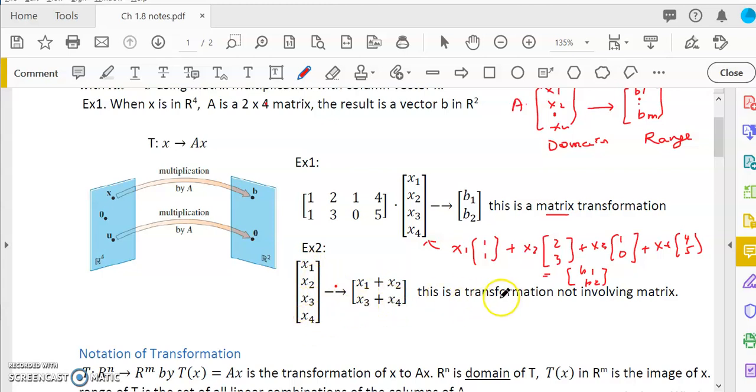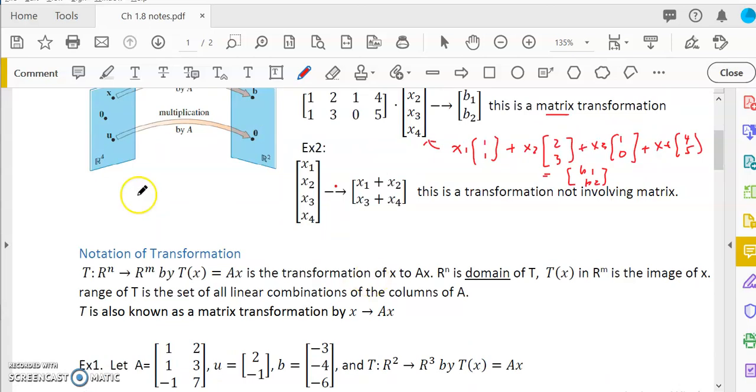This is also a transformation. It's just a rule. Anytime I input something, I have an output. But this would not involve a matrix, right? You see that you do not need to multiply anything. So there could be a lot of transformations that you can do to deal with a column vector to another column vector.